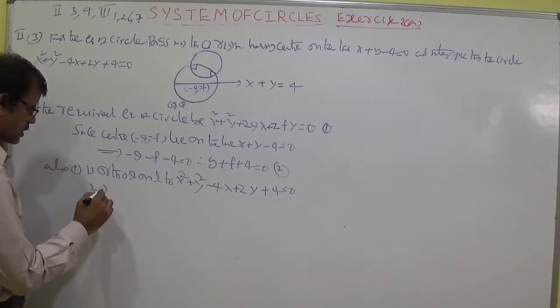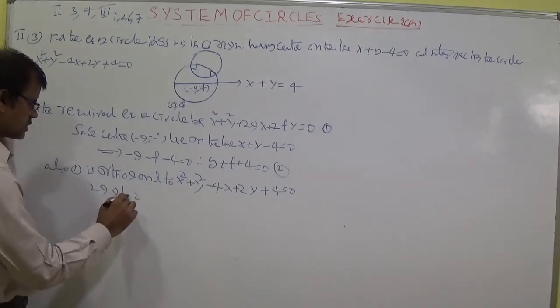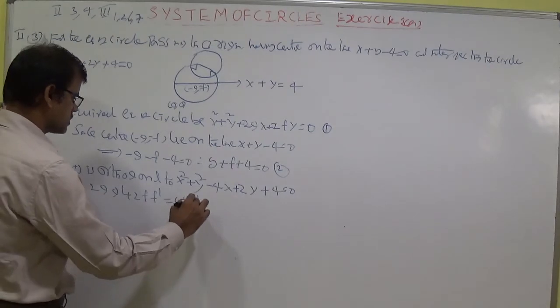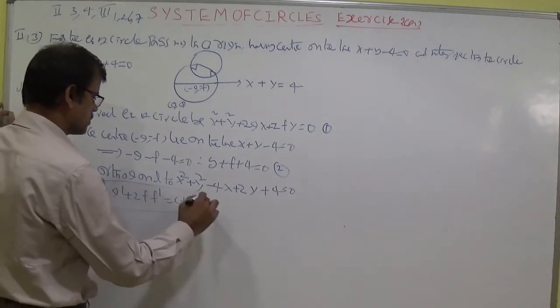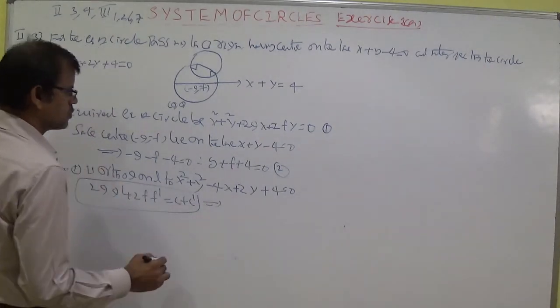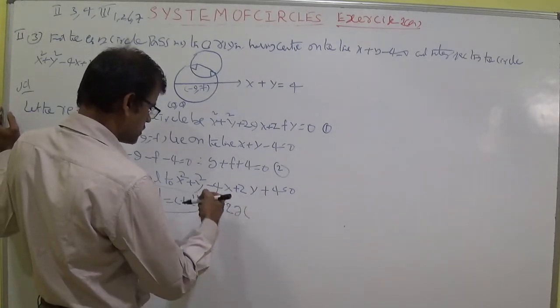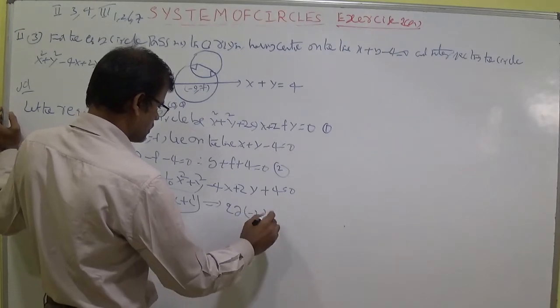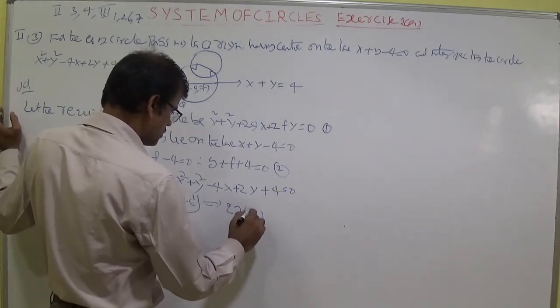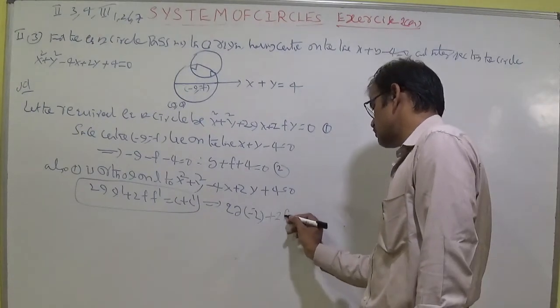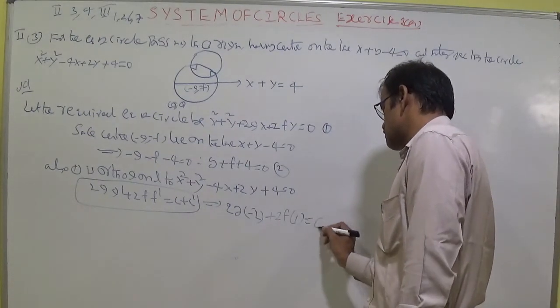So apply the condition of orthogonality, 2g g dash plus 2f f dash equal to c plus c dash. That implies 2g only, g dash here taken as minus 2. 2g into minus 2 plus 2f into 1 is equal to c plus 4.